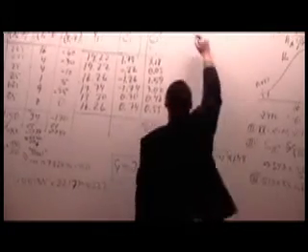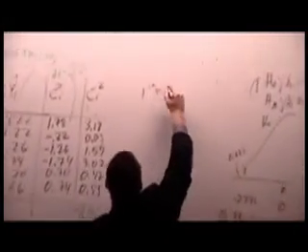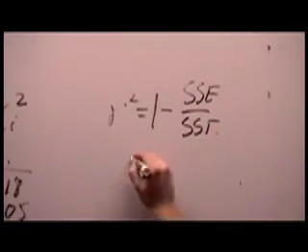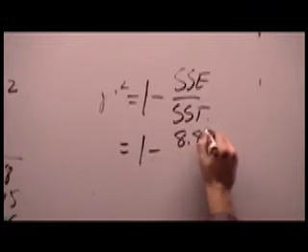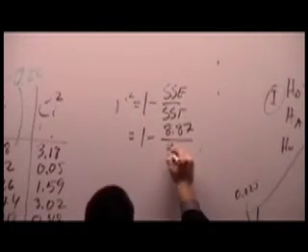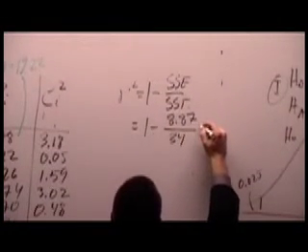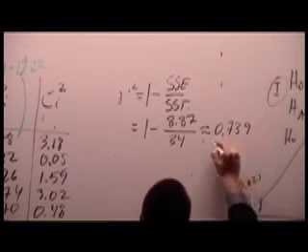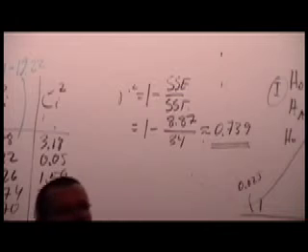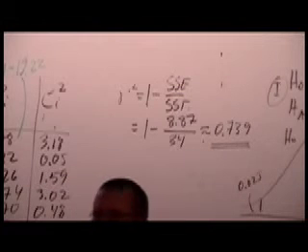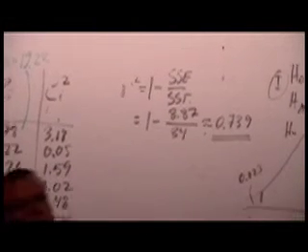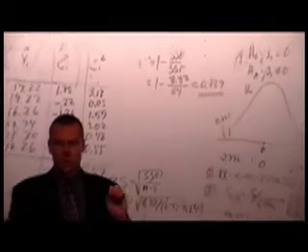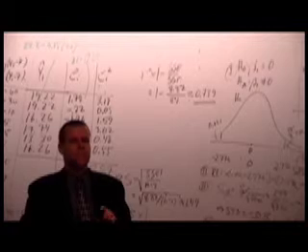So r squared, you'll recall, is 1 minus the sum squared error over sum squared total. So it's 1 minus 8.87 divided by 34, which is approximately 0.739, or roughly 74% of the variation in y, the variation in the number of defects found, is accounted for by the line speed.